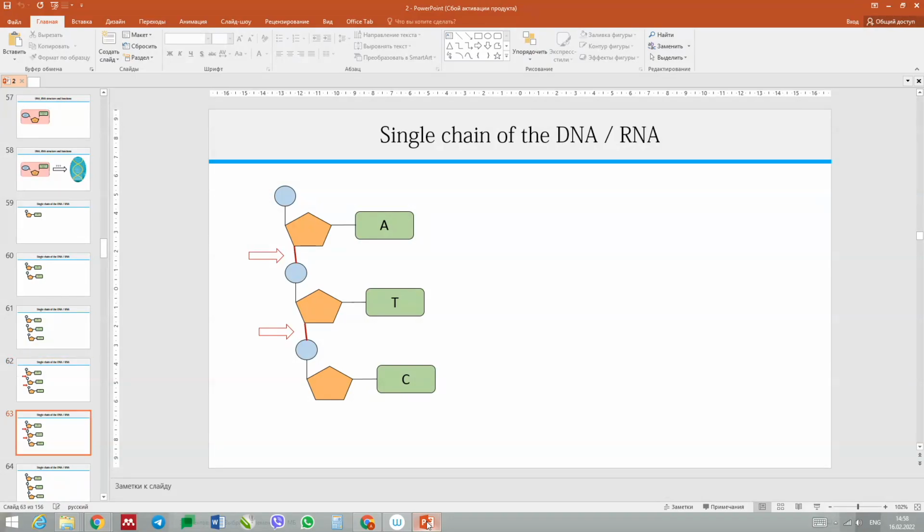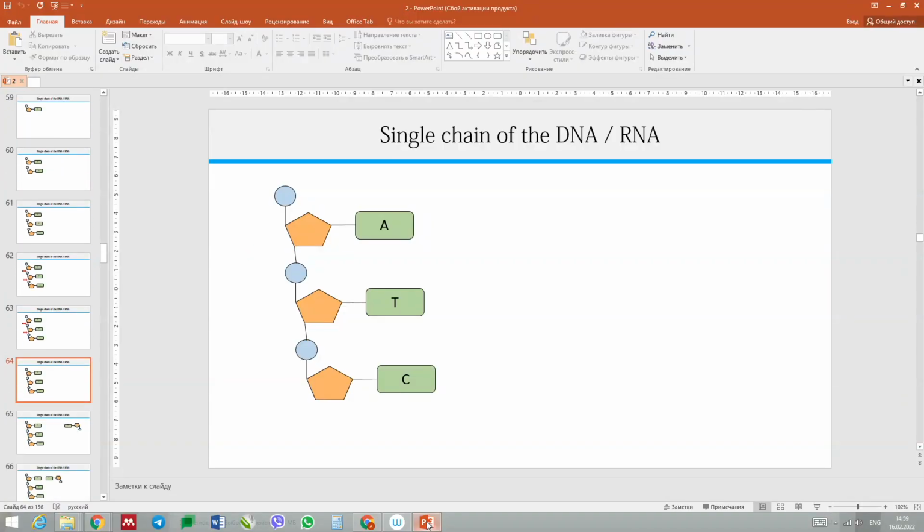Due to these connections, these building blocks are connected into one chain. So in your imagination, you can extend this chain further, simply adding new building blocks and creating connections between sugar and phosphate group. Okay, so now we see how one chain of DNA is created, but what about the second chain?